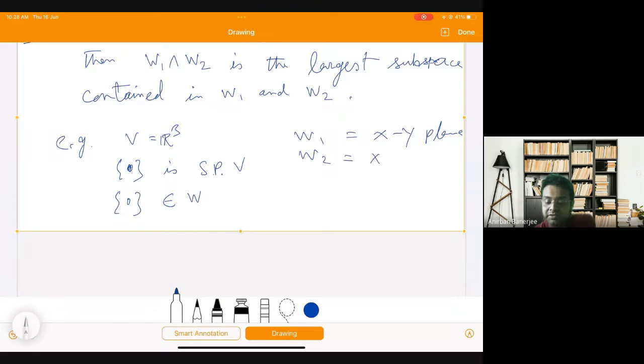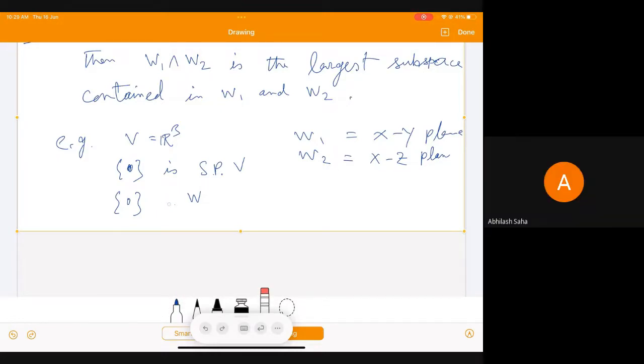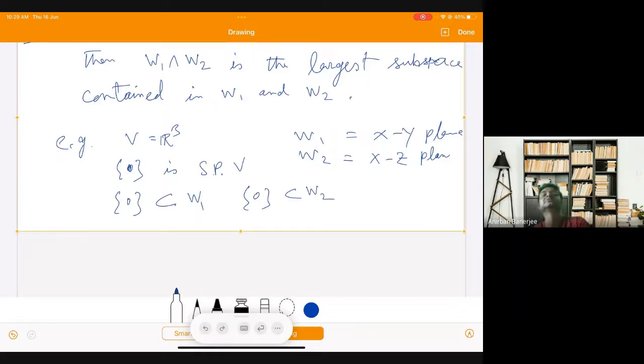W2 is the XZ plane. So 0 is contained in W1, and this null vector is also contained in W2. So this is a subset of W1 and a subset of W2.